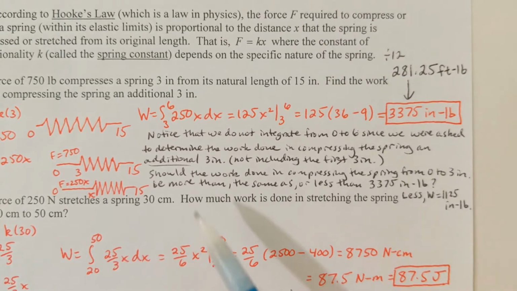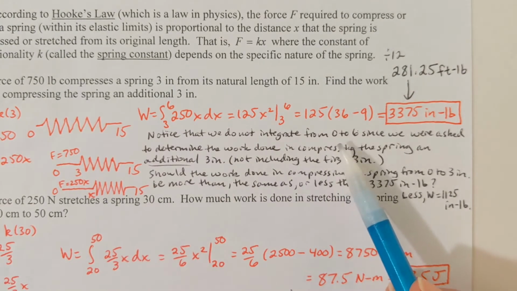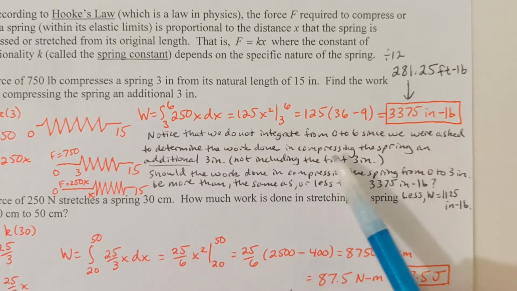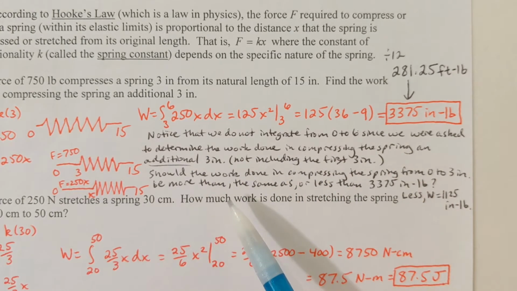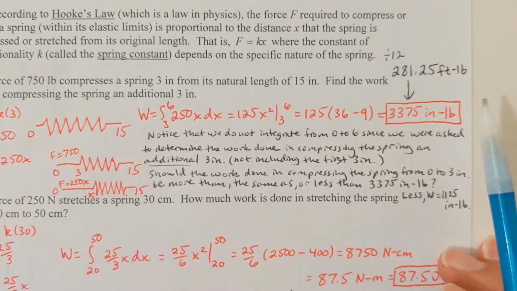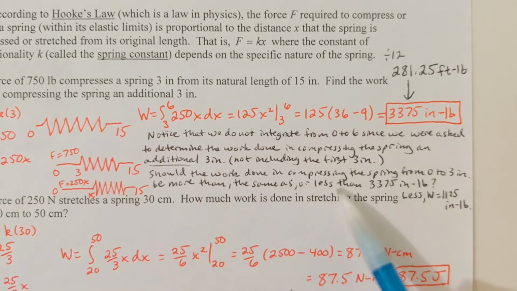Now, notice that in this problem we do not integrate from 0 to 6, since we are asked to determine the work done in compressing the spring an additional 3 inches. We're not including the first 3 inches in setting this up. Now, should the work done in compressing the spring from 0 to 3 inches be more than, the same as, or less than 3,375 inch-pounds?